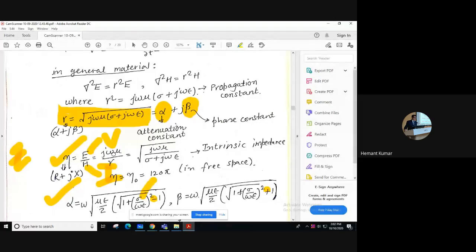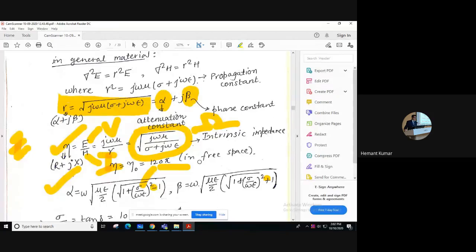The unit is ohm because it is an impedance. For free space, sigma is equal to 0, epsilon becomes epsilon naught, and mu becomes mu naught. If you put in all the values, the impedance of free space is equal to 120 pi, or 377 ohm. So this is the impedance of free space, right?